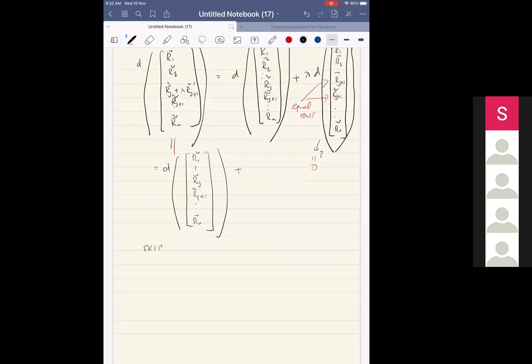Skipping proofs of 2 to 6, we come to 7. 7 is in 3 parts.